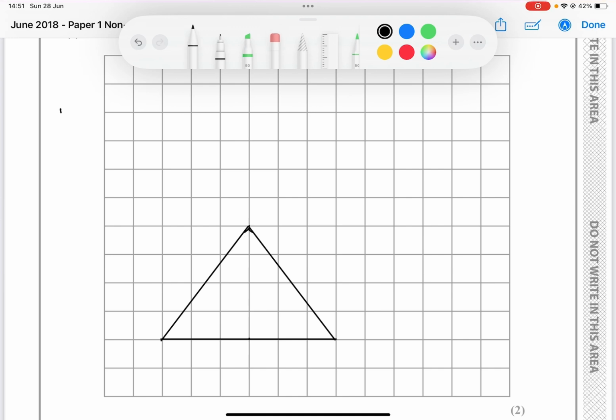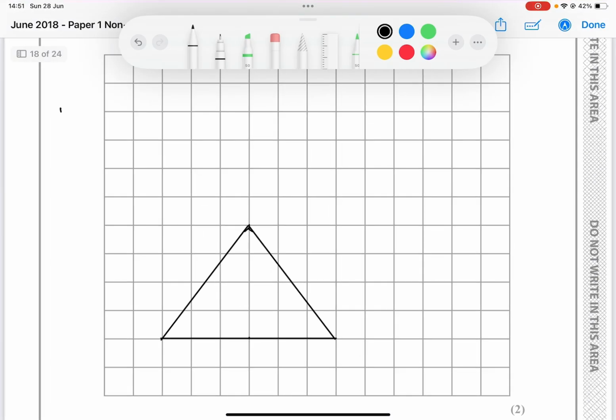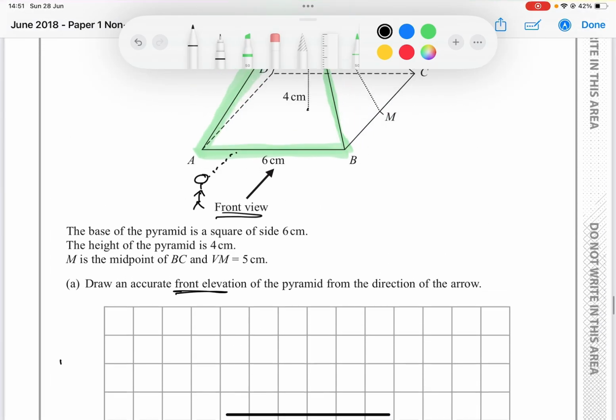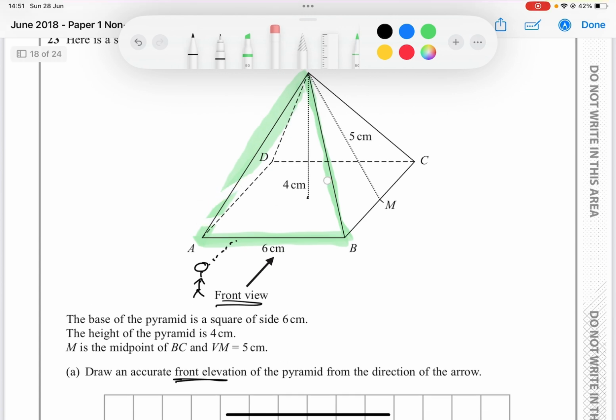And that is our triangle done. It's an isosceles triangle with a base 6 centimeters, height 4 centimeters. That's what it says in the mark scheme. And yeah, done. That is the answer for this question. I'm going to rub this all out because we need to annotate for the next part.